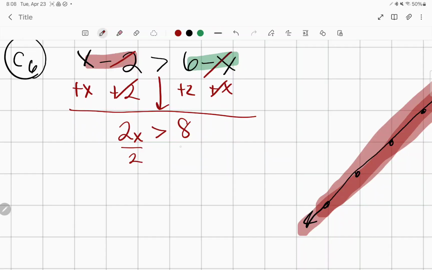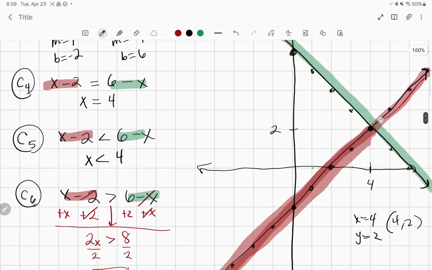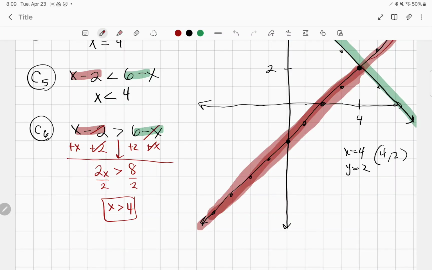And then divide by 2, you get x is greater than 4. Just like what we see on our graph, the red graph is higher than the green graph when it's to the right of x equals 4. So now go ahead and do 7, 8, and 9 in the same fashion.